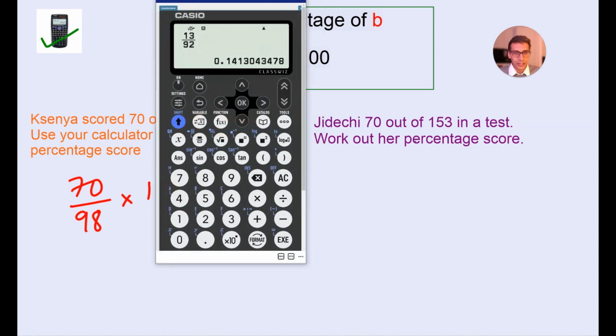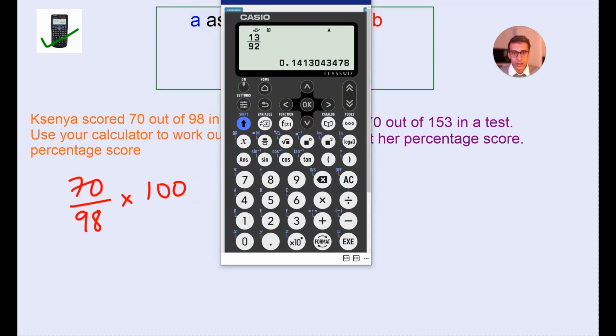So put it into your calculator. So 70 divided by 98 times 100. We get 500 over 7. Now we want to write this as a percentage, so we're going to just change it into a decimal. 71.428.